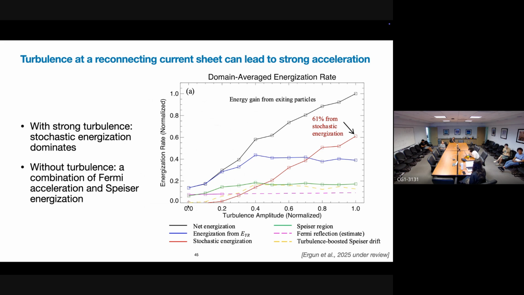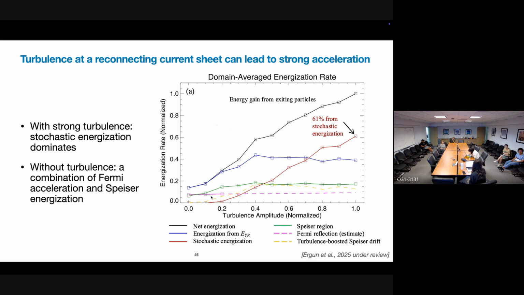It's 0 when the turbulence is 0. When the turbulence is turned up, you have higher and higher stochastic energization. With full turbulence level, about 2/3 of the total energization comes from stochastic heating.